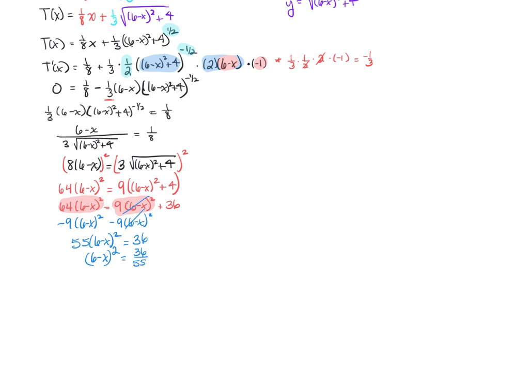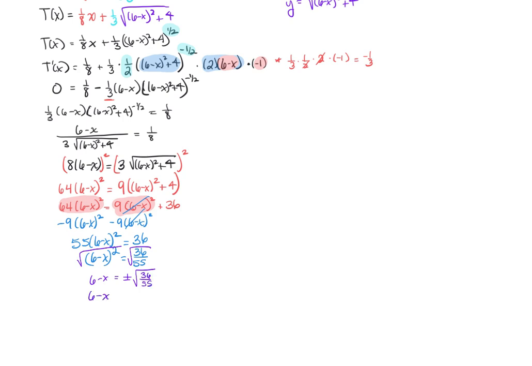And now, in order to undo that square, we're going to take the square root of both sides. So we end up with 6 minus x on the left, because the square root of the quantity squared is just 6 minus x. On the other side, we're going to have plus or minus the root of 36 over 55.